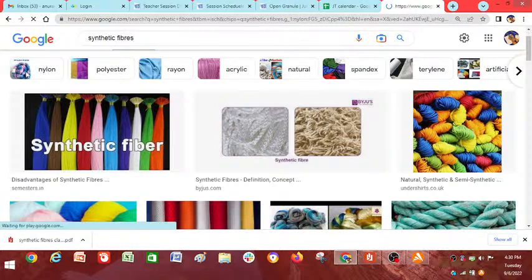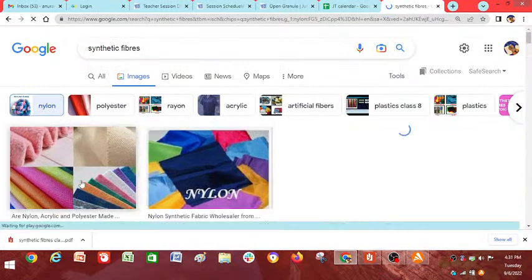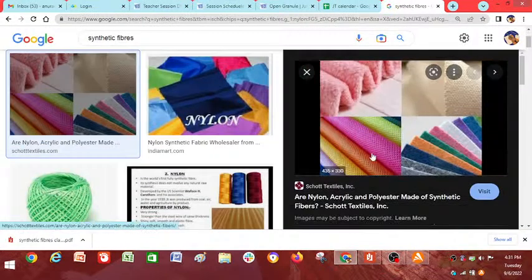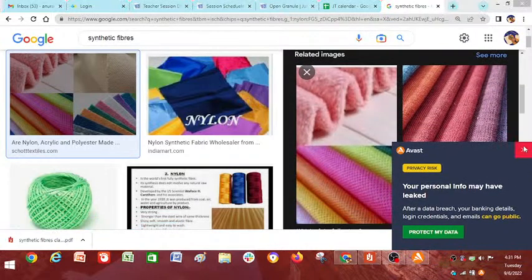So how does nylon look? नायलॉन के जो कपड़े होते हैं वो इस तरीके से दिखते हैं. You can just see over here, and yes, it looks like so.